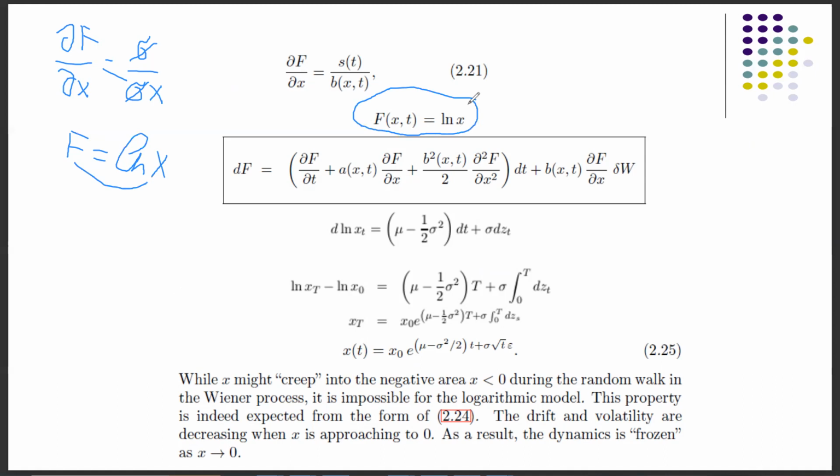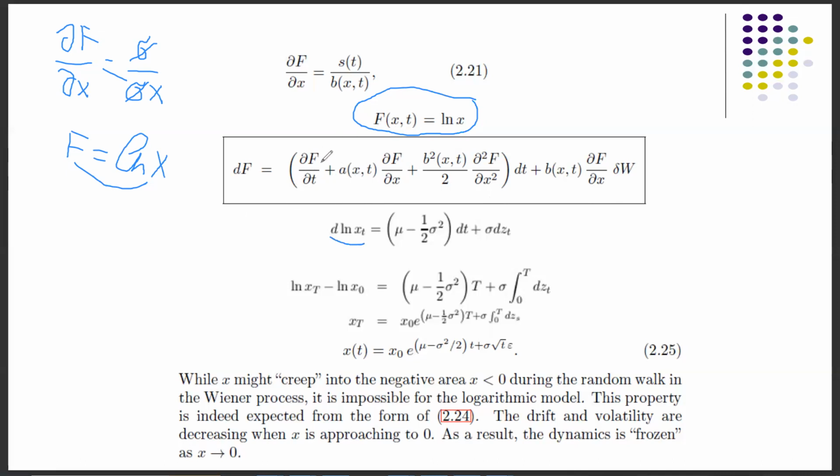According to this theory, if we choose the function ln x and substitute it in df according to Ito's lemma, this function will depend only on t. So we can find df according to the lemma.